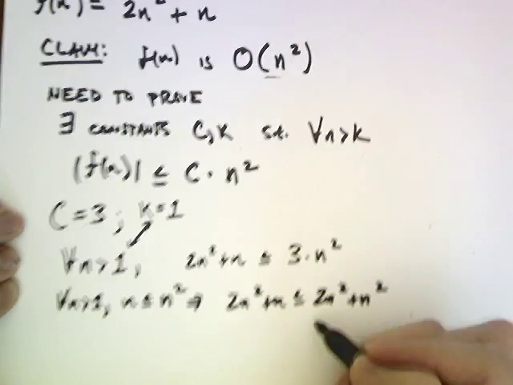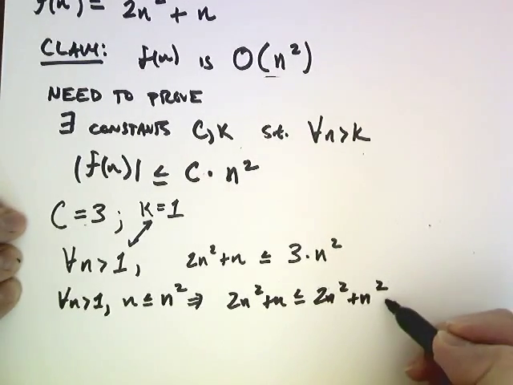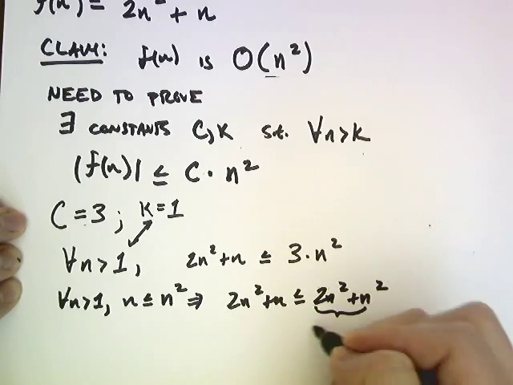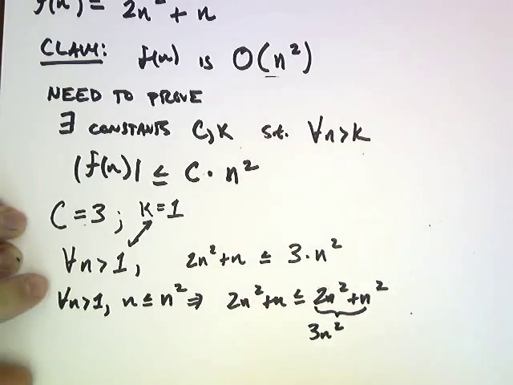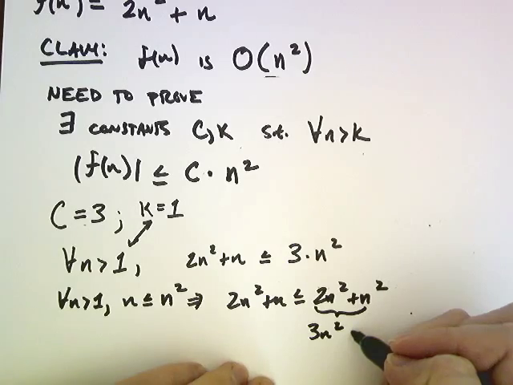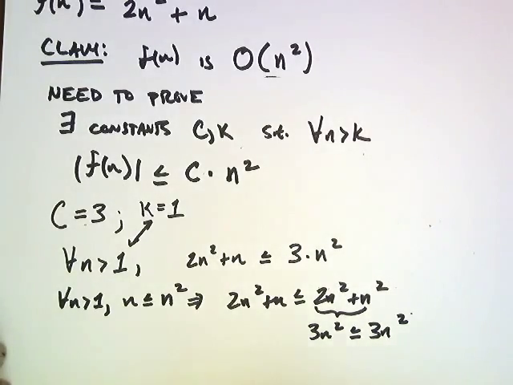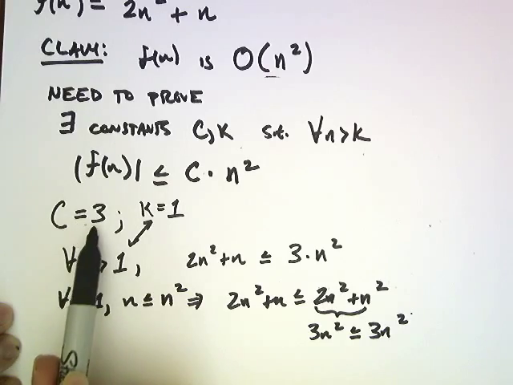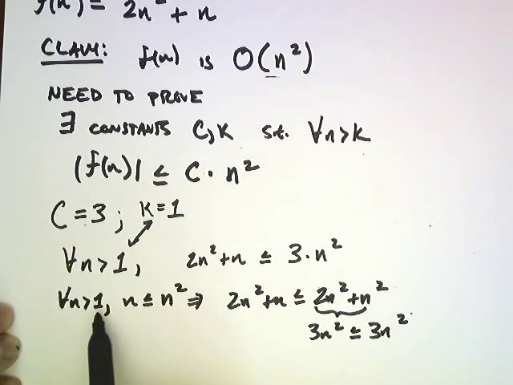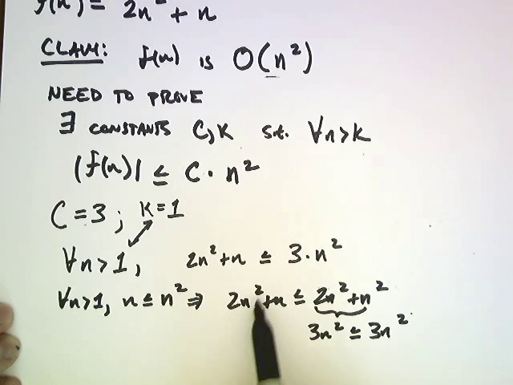But this 2n squared plus n squared is equal to 3n squared, and that's certainly less than or equal to 3n squared. So there you have it. We have f of n, which is 2n squared plus n, and we've exhibited a constant, namely 3, such that for all n greater than 1, that was our k, 2n squared plus n is less than or equal to that constant 3 times n squared.